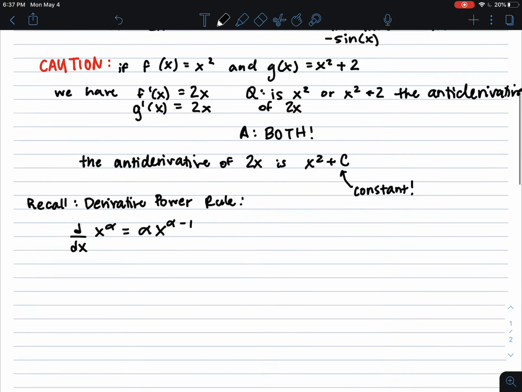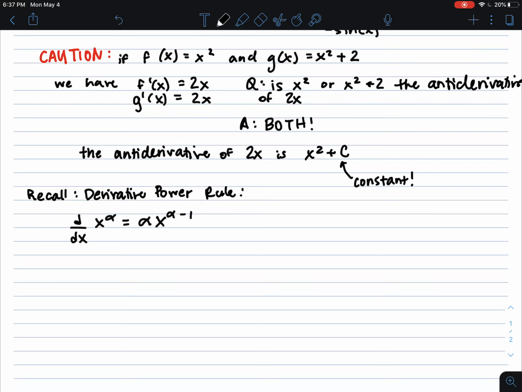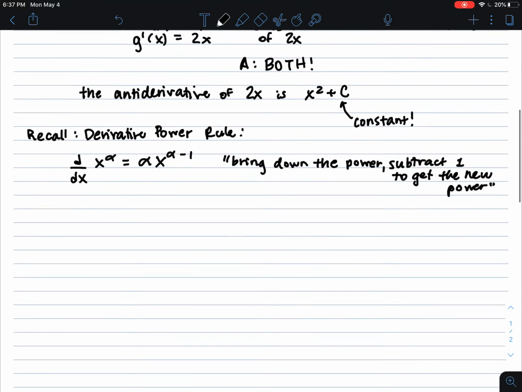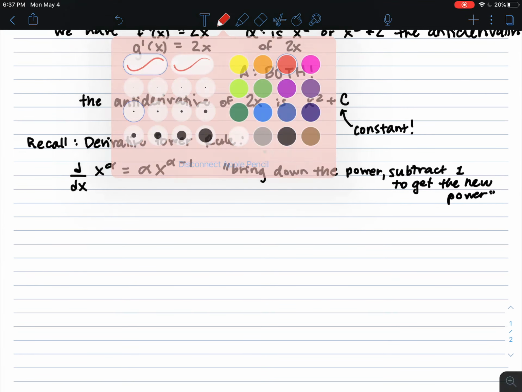So I'm just going to write the rule really quickly. Okay, and this is cheat sheet information.